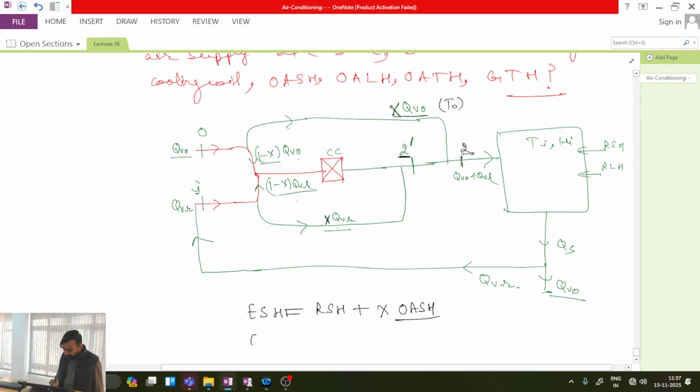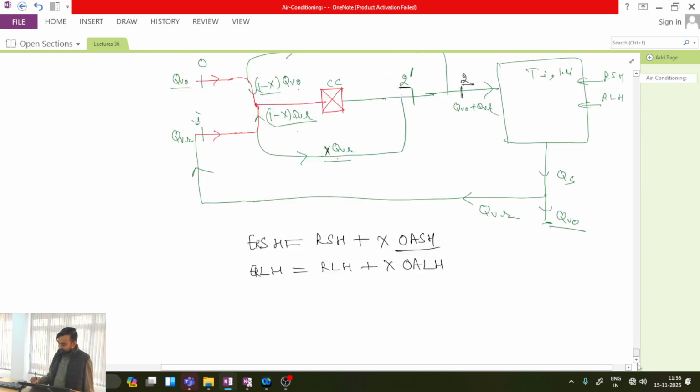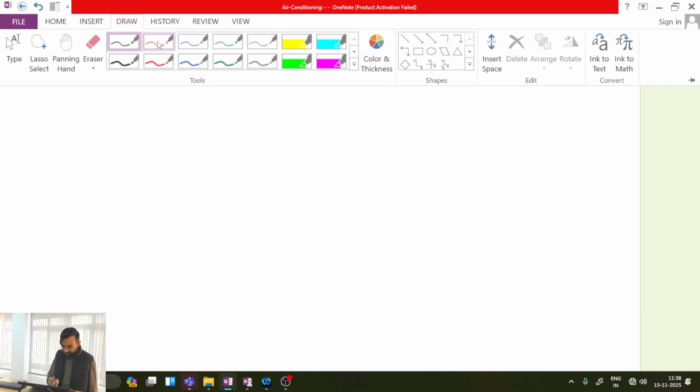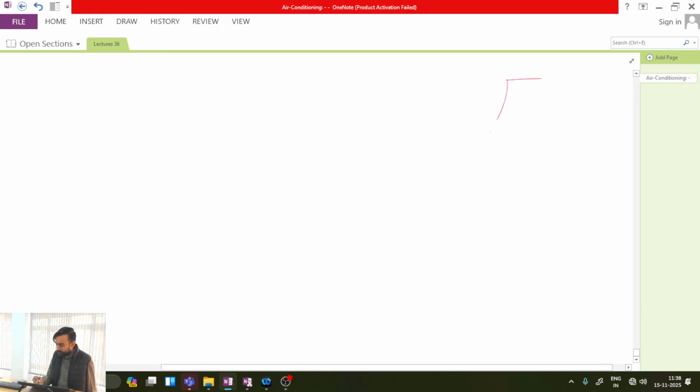In a similar way, effective room latent heat will be equal to RLH plus x times OALH. Point is clear? Now if you go to the diagram, of course we will discuss that while solving the problem, but just tell me one quick thing.